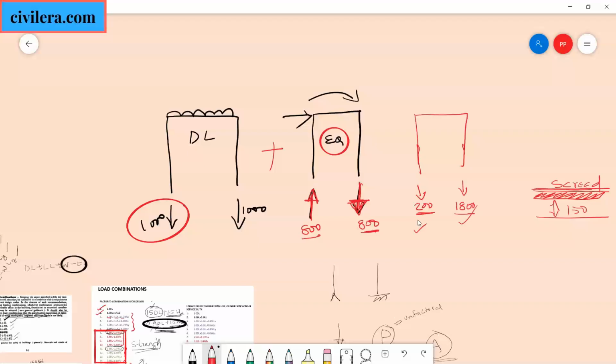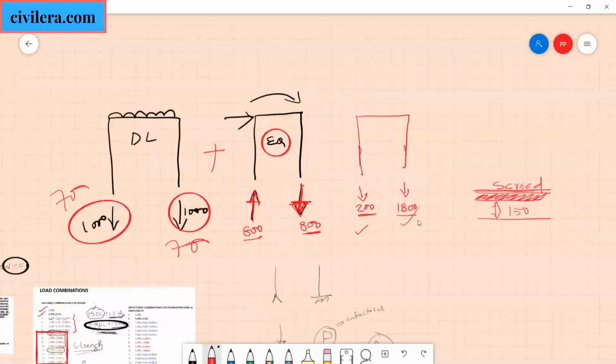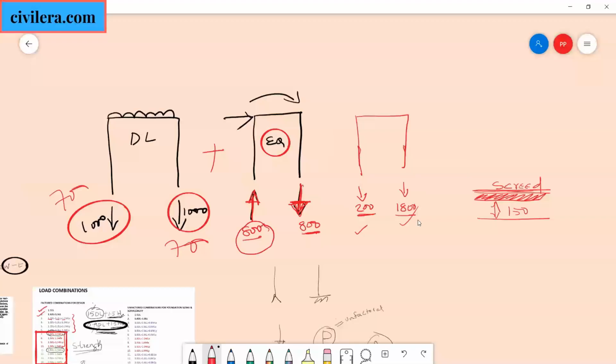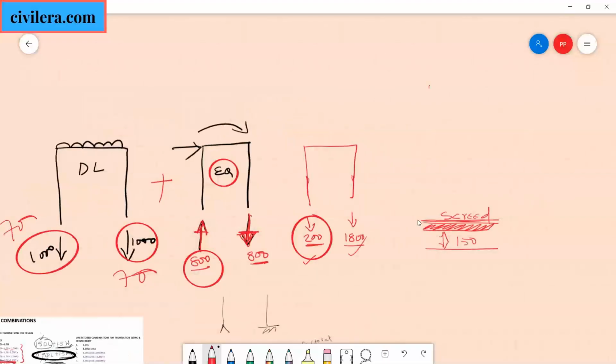So it became, say, 700, and this also became 700. So what happens now? Here this is 800, so this is not going to be 200. You are going to have an uplift on this particular location, and that is instability. You can have an overturning.